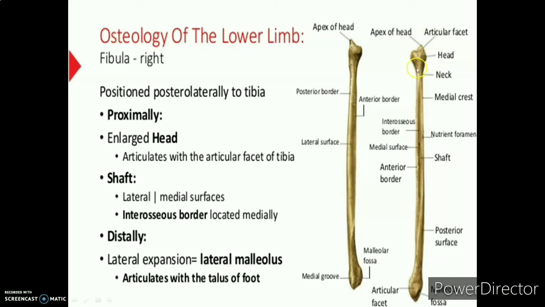This is the neck, the communicating medium between the head and shaft. Shaft means body part. This is the shaft and this is the distal area, the lower part. The shaft has a medial surface and a lateral surface.